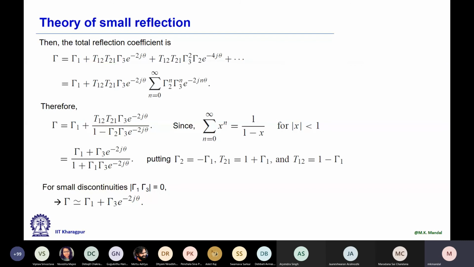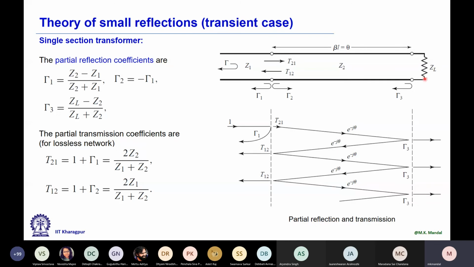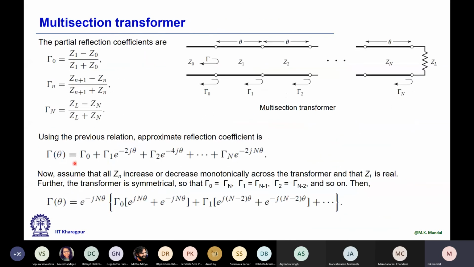It is determined by the first junction and second junction; you check here, the first junction gamma 1 and second junction gamma 3. We are using that notation. So we can represent the overall reflection coefficient by the corresponding partial reflection coefficients defined at the junctions.